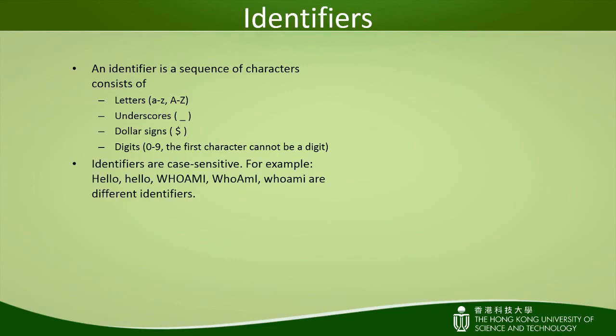Identifiers are case sensitive. For example, hello with capital letter H is different from hello with all lowercase letters. WHOAMI with all uppercase letters is different from other versions with a mix of lowercase and uppercase letters.